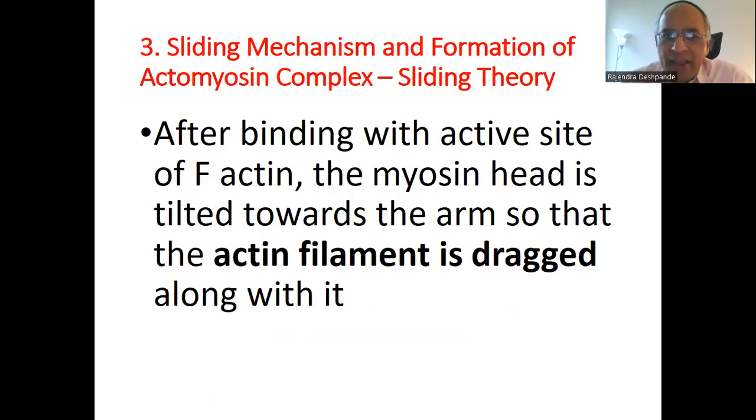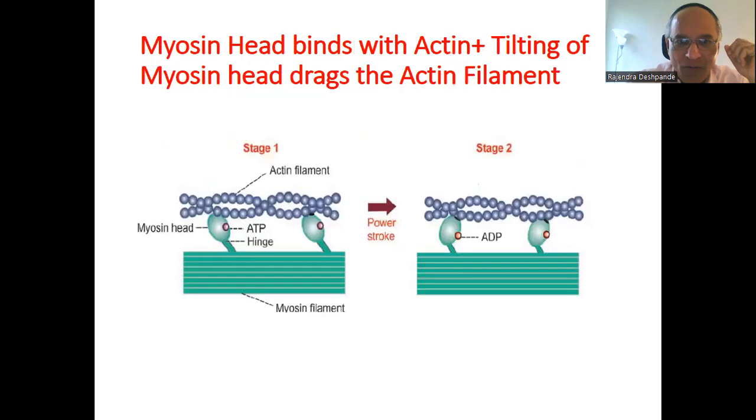After binding with the active site of F-actin, the myosin head is tilted towards the arm so that the actin filament is dragged along with it. Myosin head is dragging the actin filament. Now, you can see over here, this is the myosin head. These are the actin filaments.